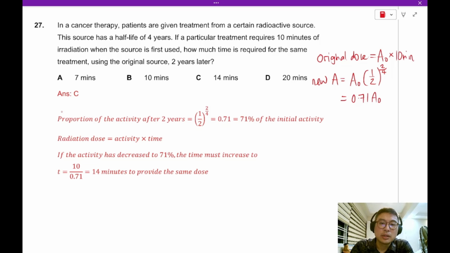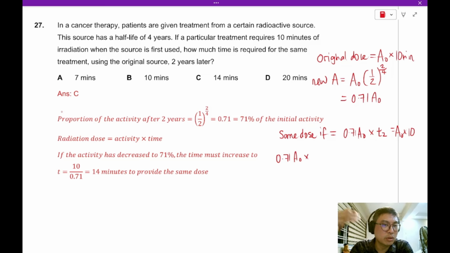How do we do this? So the same dose is going to be achieved in the following way. First, we take 0.71 A0 multiplied by the new time T2, and this must equal A0 multiplied by 10. So 0.71 A0, which is 71% of the original activity, multiplied by the new exposure time, gives us as much radiation as the original activity level multiplied by 10.